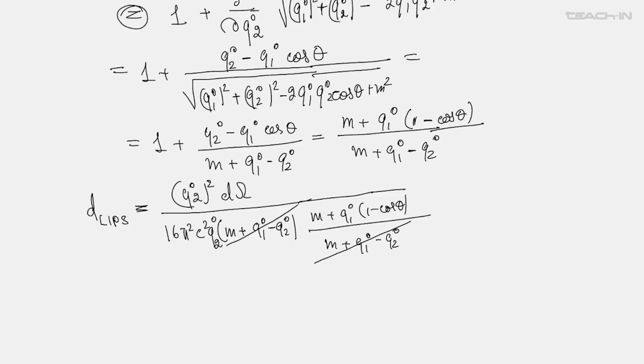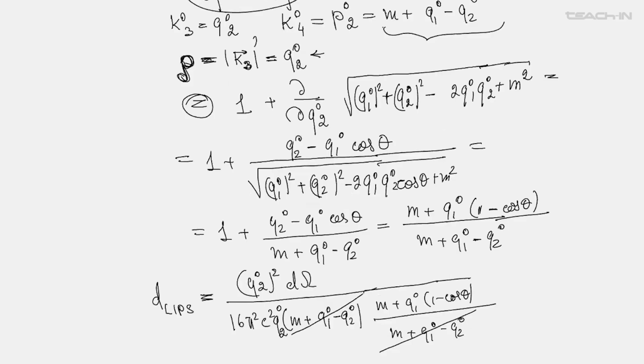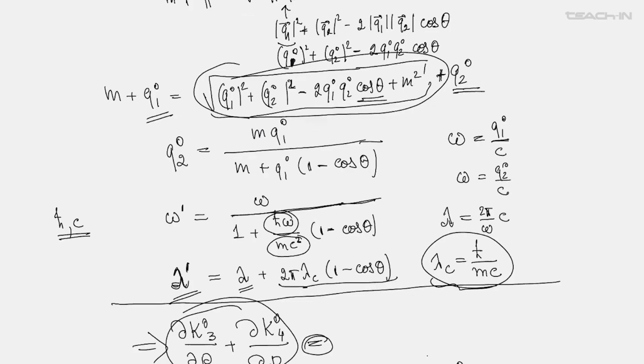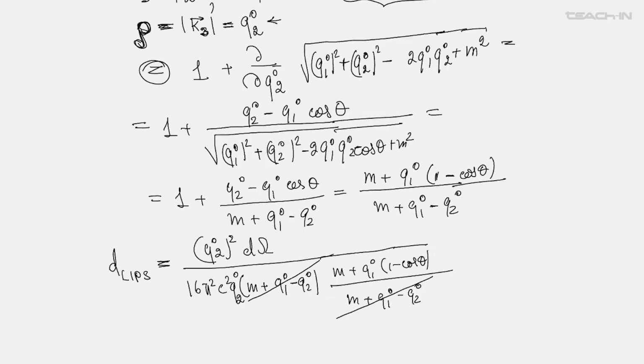Again, if you look at this formula here, it shows you that the product of Q20 by M plus Q10 (1 minus cosine theta) is simply M Q10. And so this expression which you observe in the denominator, Q20 multiplied by this expression, you can simply replace by M Q10.